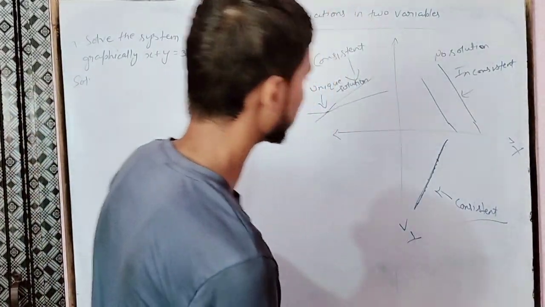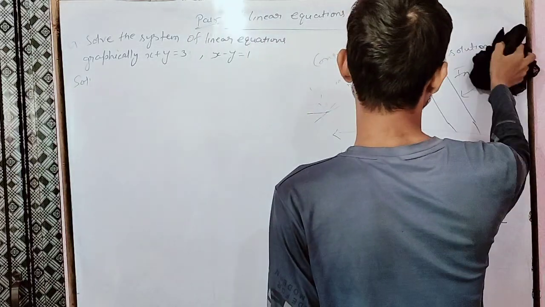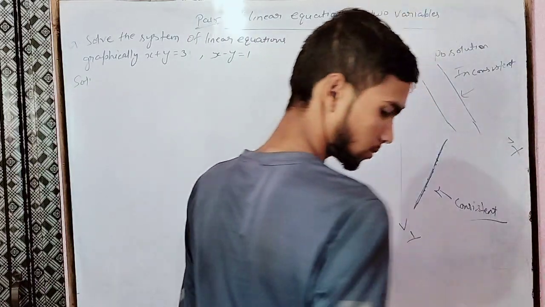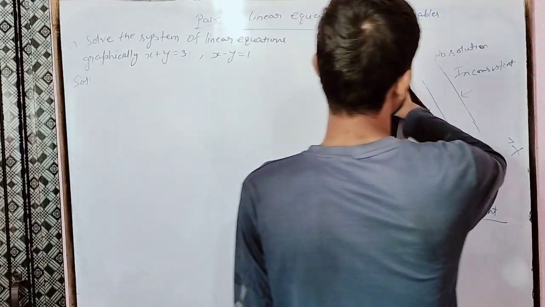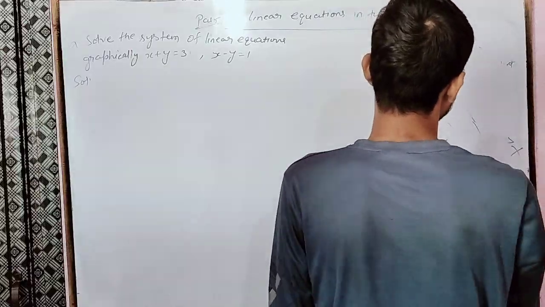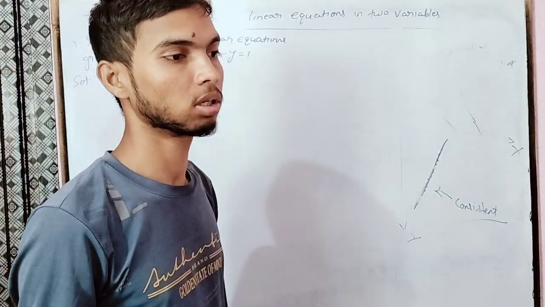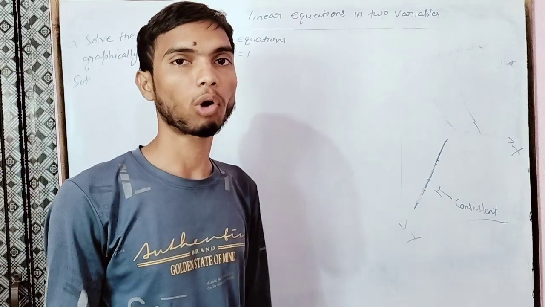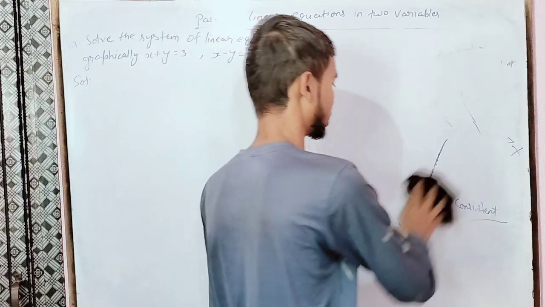I am erasing this side so that we can solve equations. From this understanding, we understood how many solutions can be found from a pair of lines.